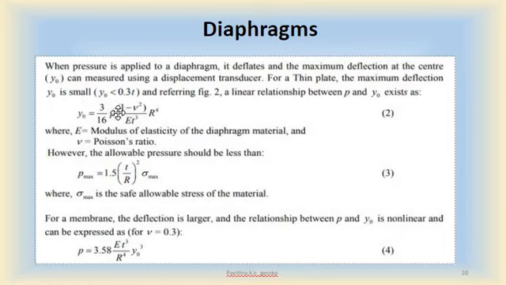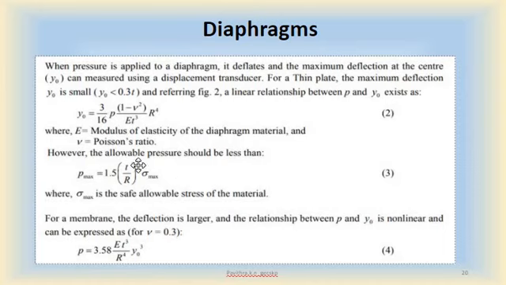So Y naught is the output displacement, and the relationship between Y naught and P is given by this equation. By this method we can calculate the pressure.